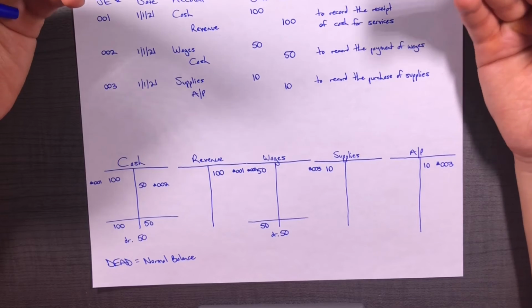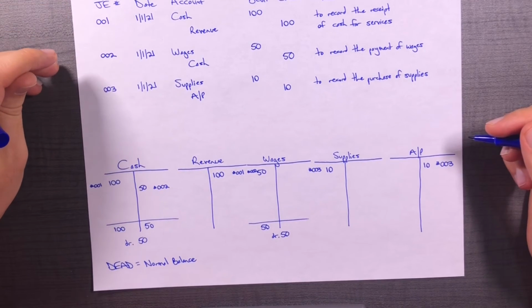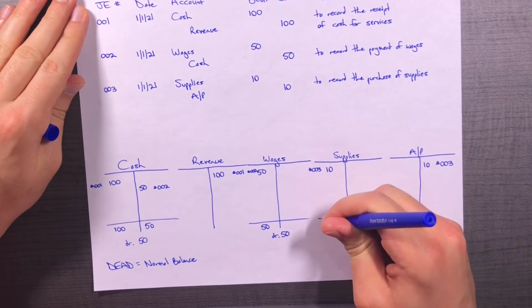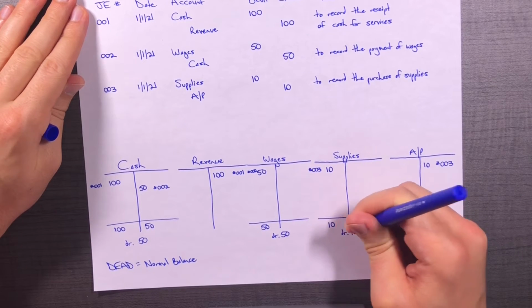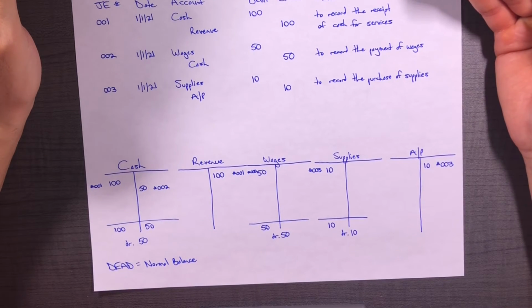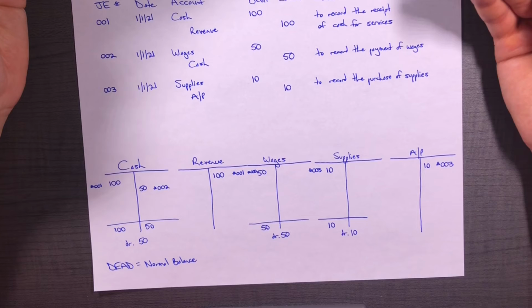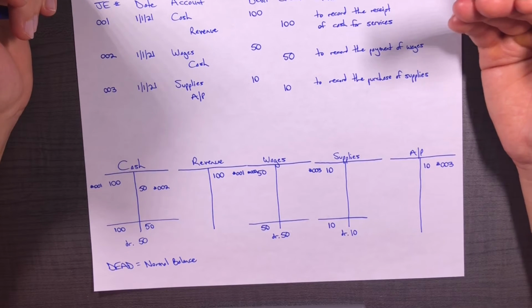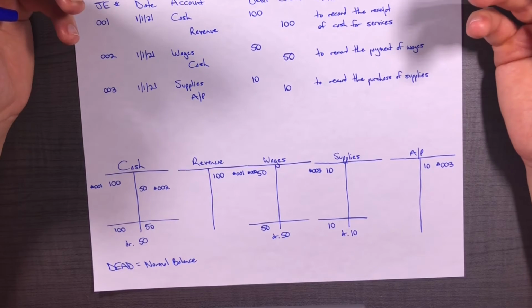The last expense account we had was supplies, which has an ending debit balance of $10. Again, a normal balance. On the other side, we have revenue and accounts payable. Now, revenue and accounts payable are not under DED, so we know that we have to credit them to increase them.